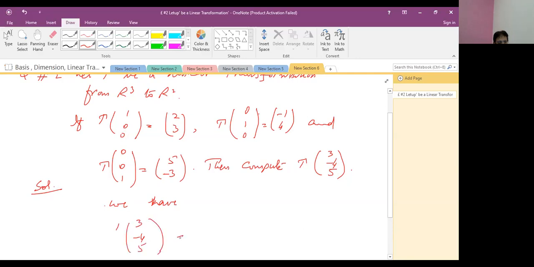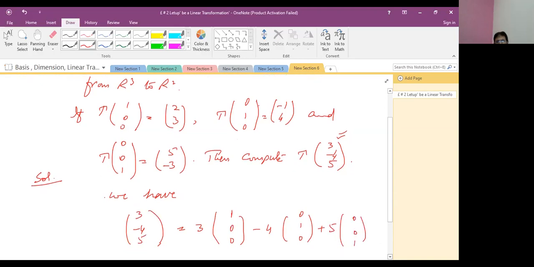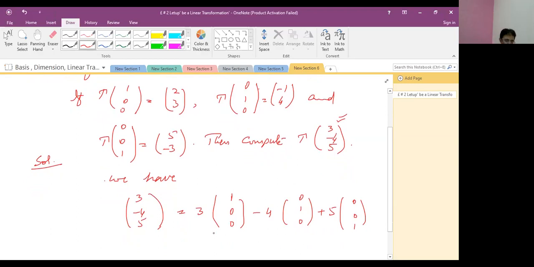If we write it in this way, student, if we take common 3, it means (1, 0, 0), plus minus 4 times (0, 1, 0), where 4 lies in the second row and all other elements are 0. Then we consider 5, it means (0, 0, 1). So these are the basic vectors.